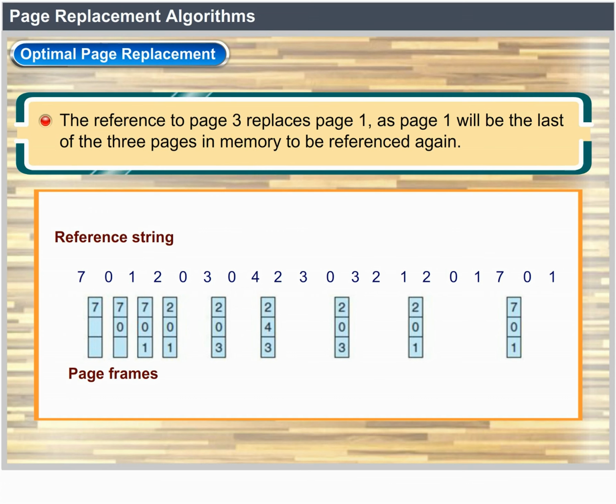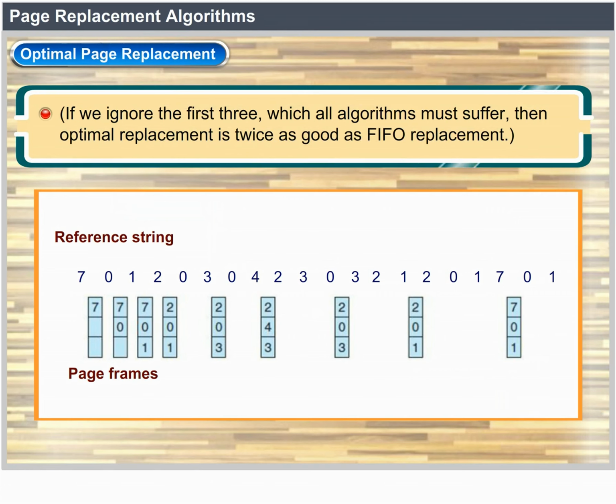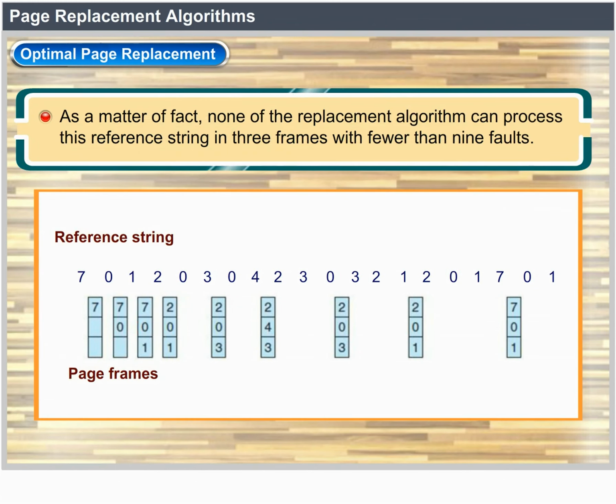With only 9 page faults, optimal replacement is much better than a FIFO algorithm, which results in 15 faults. If we ignore the first 3, which all algorithms must suffer, then optimal replacement is twice as good as FIFO replacement. In fact, no replacement algorithm can process this reference string in 3 frames with fewer than 9 faults.